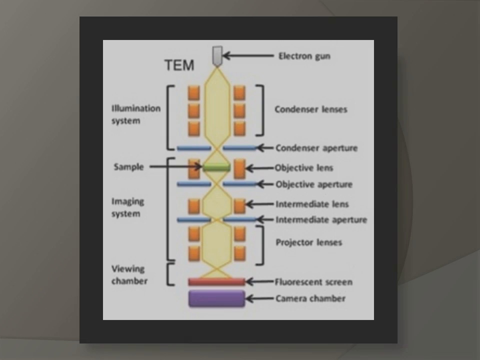There is a fluorescent screen, so when the electrons are transmitted onto the fluorescent screen, it gets imaged. The next one is the recording system, the camera chamber, where you can record the image seen on the fluorescent screen. So this is the schematic presentation of the TEM instrumentation system.